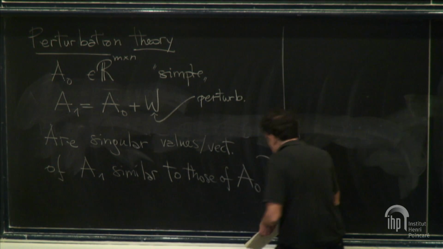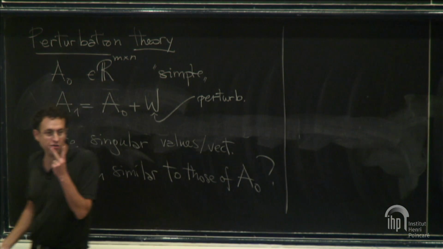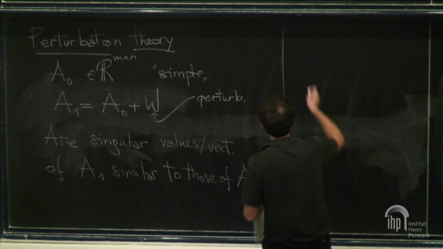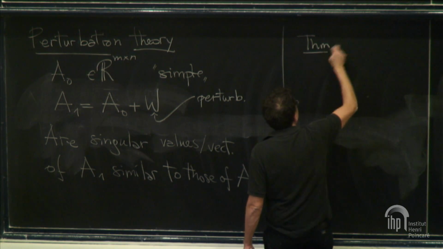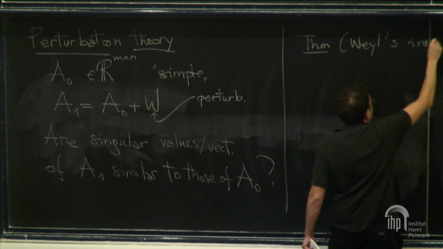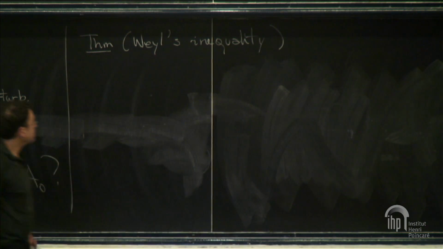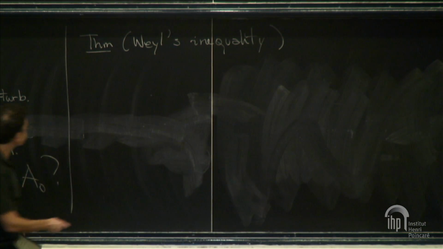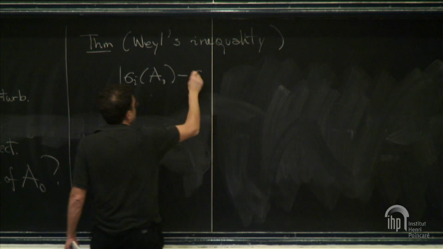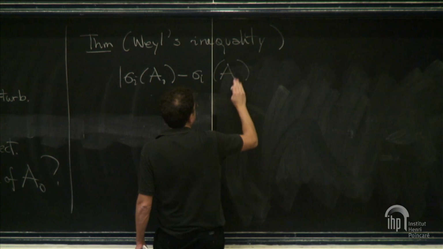Now this is a huge area in itself. What I'll use is only two very simple results. We don't need anything else. And the first result is Weyl's inequality. Weyl's inequality tells you the following: you compute the difference between the ith singular value of A0 and of A1.